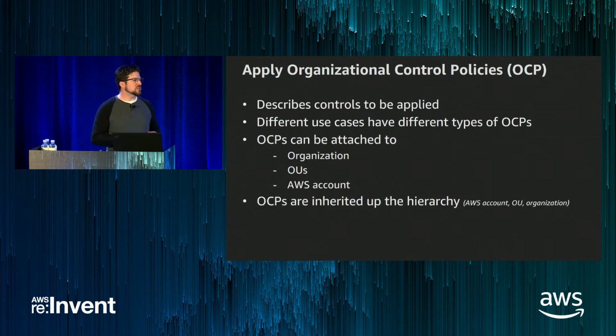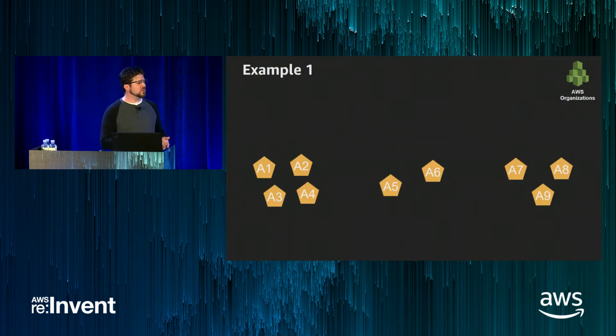The way that Chuck was describing how an organization can control these accounts is through an organizational control policy. This basically allows you to define things that an organization can do and the way that you want the account to be provisioned. And I think what you're going to see later this week is more services being added to Organizations. So let me give you a quick example.